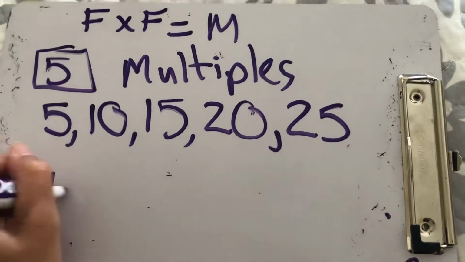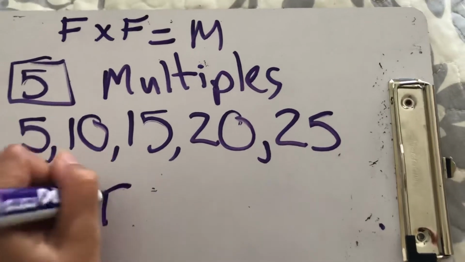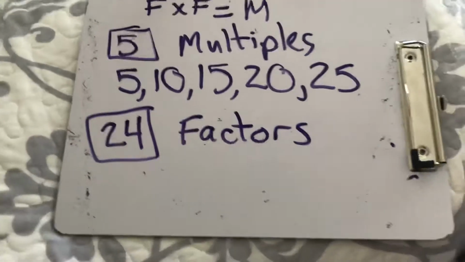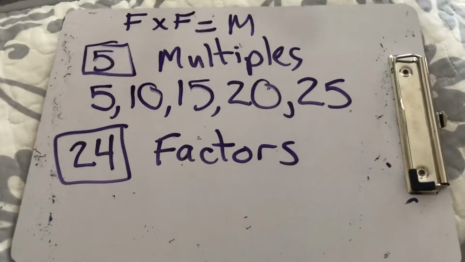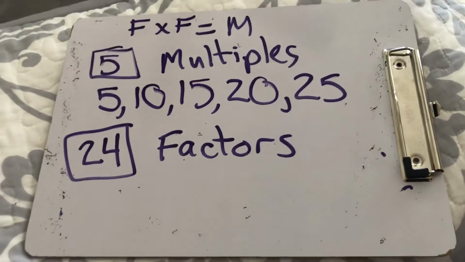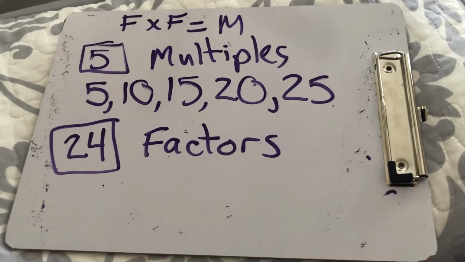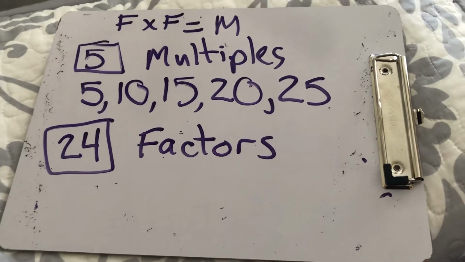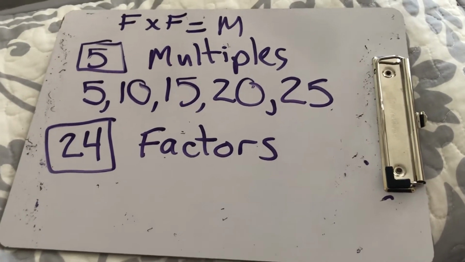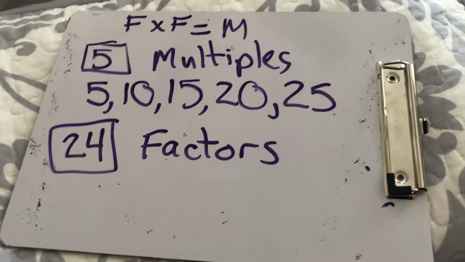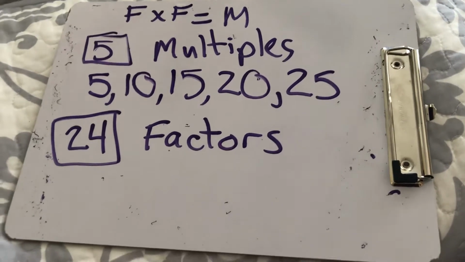For example, if they give you the multiple 24 and they want you to find the factors, I use this trick because with numbers like 24 and 48 and 36, there are a lot of factors, and we want to make sure not to miss any of them, because if a question is asking for all of the factors, if we miss even one of them, then the question gets marked wrong.